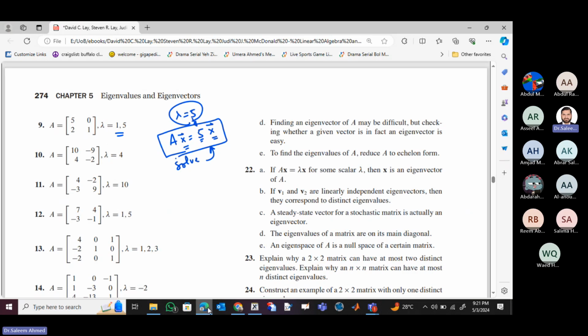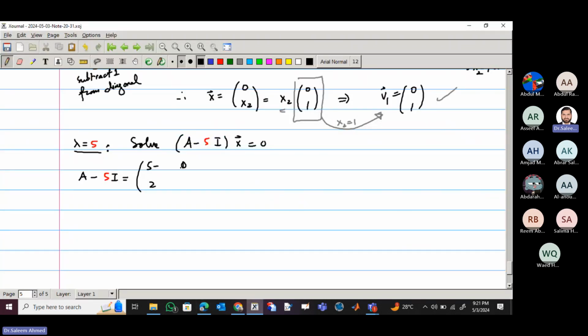The matrix is 5, 0, 2, 1, and I'm subtracting 5 from the diagonal, so you will get 0, 0, 2, minus 4. One row is already 0, no need to reduce it. So I can directly write that the first row gives me 0 equal to 0.